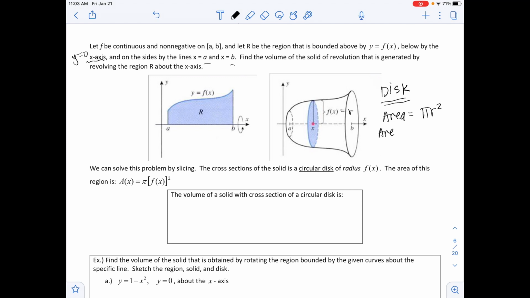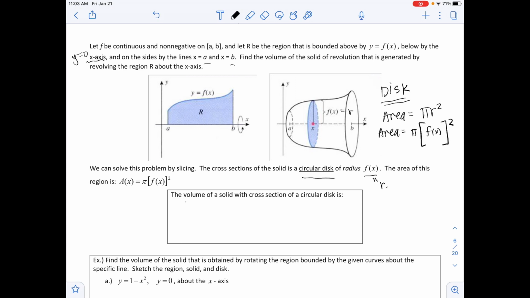And so our area is going to be defined as pi times that function, which is f of x, which would be the same thing as our radius, so we would have to square it. We can solve this problem by slicing. The cross section of the solid is a circular disc of radius f of x, so this is equal to our r, our radius, and the area of this region is going to be pi r squared, or pi f of x squared.